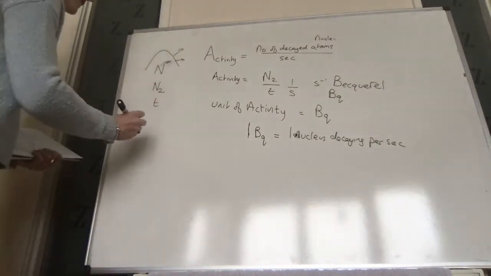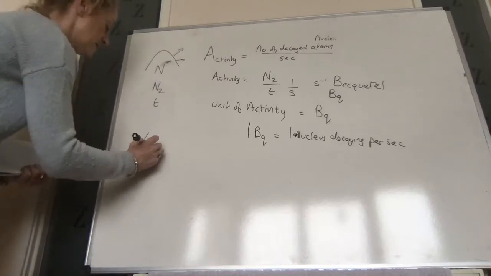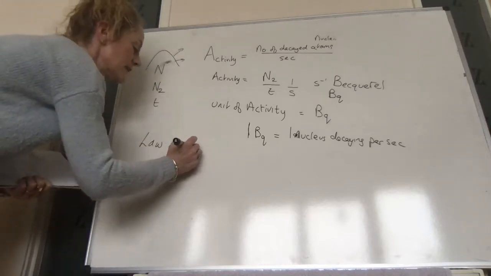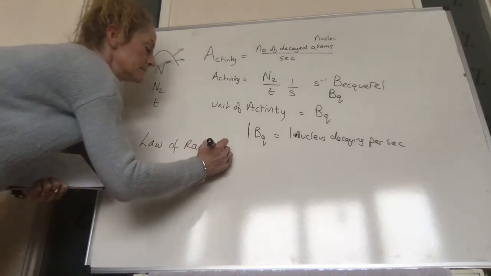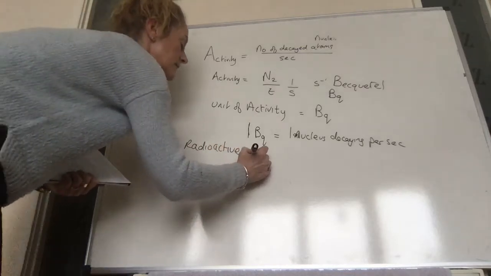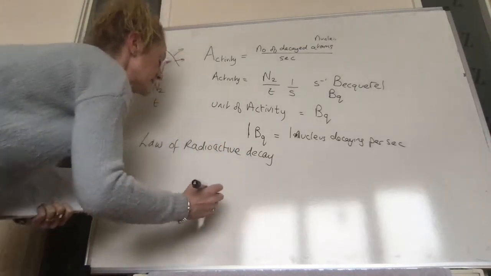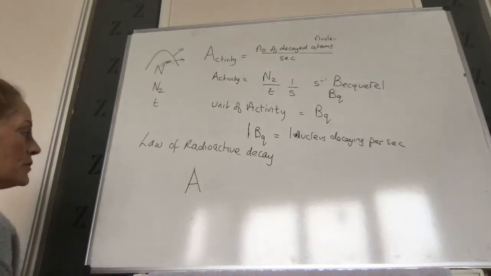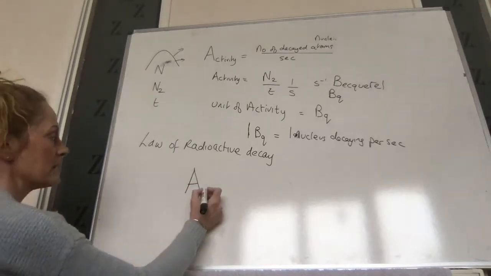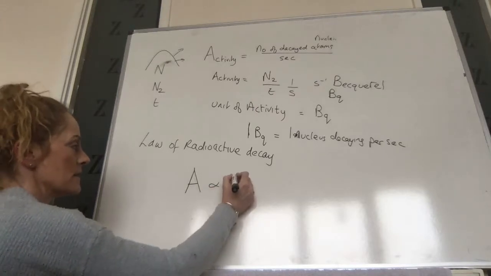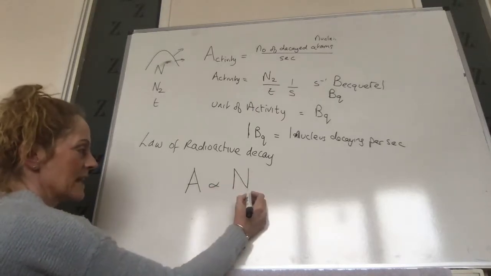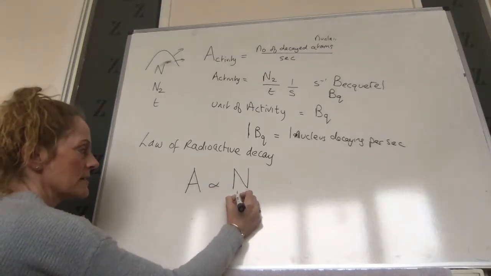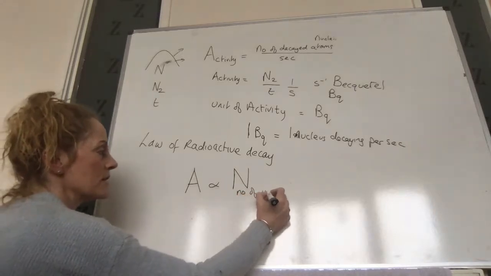The law of radioactive decay states that the activity, or the number of nuclei decaying per second, is proportional to the number of undecayed atoms.